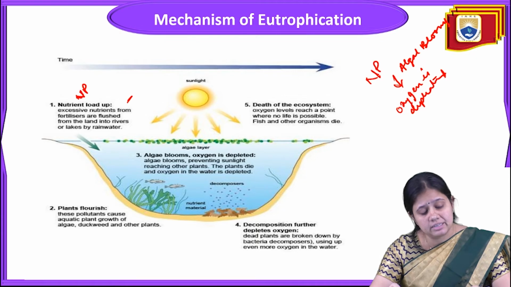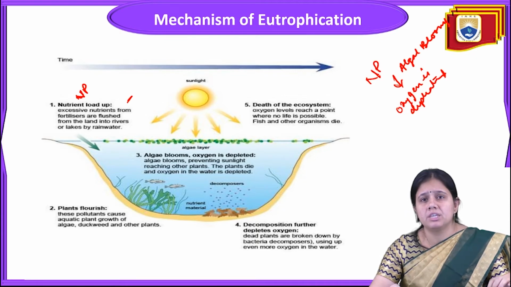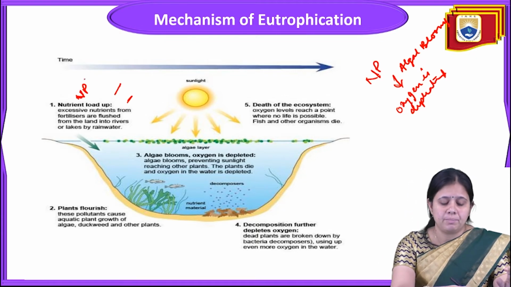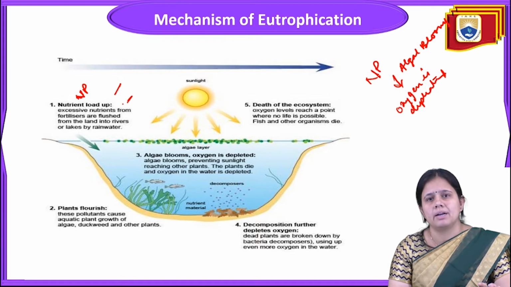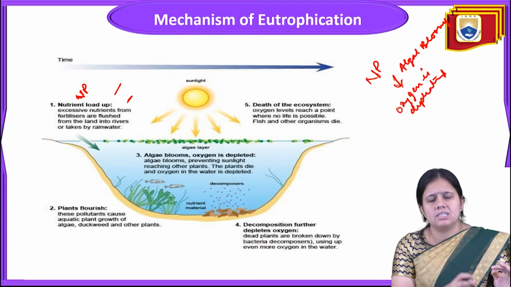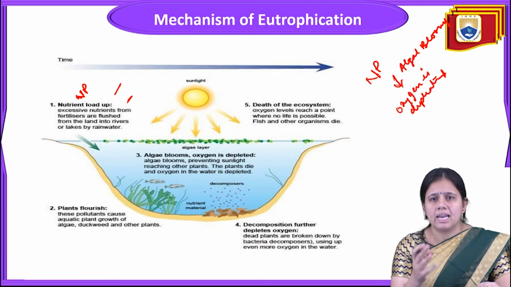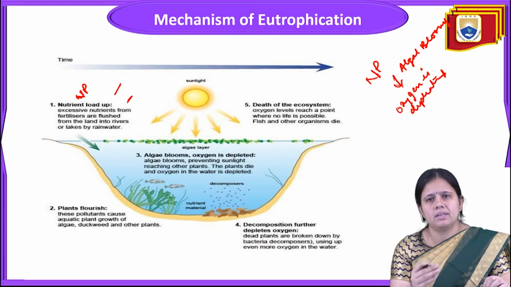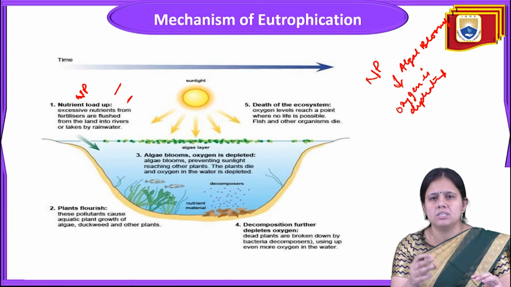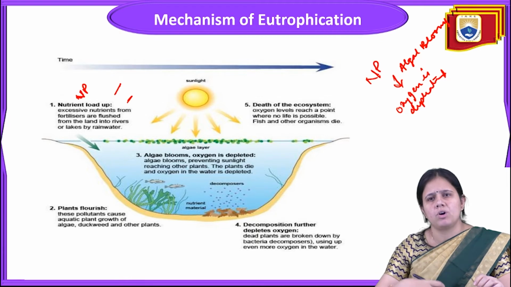With increasing time, nutrient load will come into the water. At the starting stage, this nutrient will nourish the plants, but after some time there is an algal bloom, a rapid increase in algae growth, and this algal bloom will restrict sunlight from entering the water body.